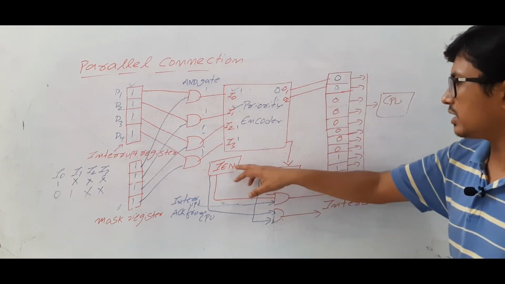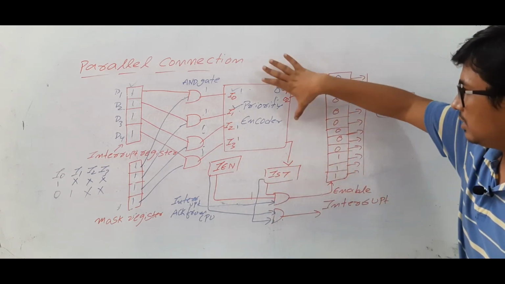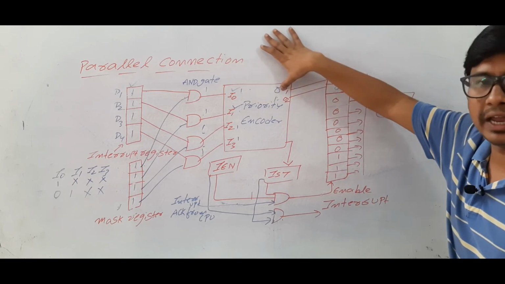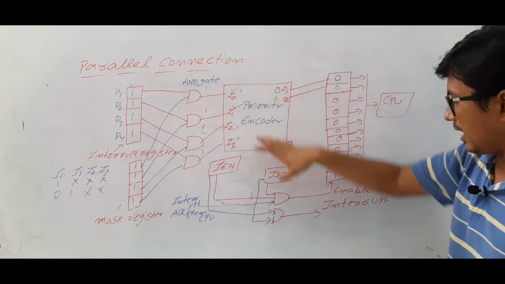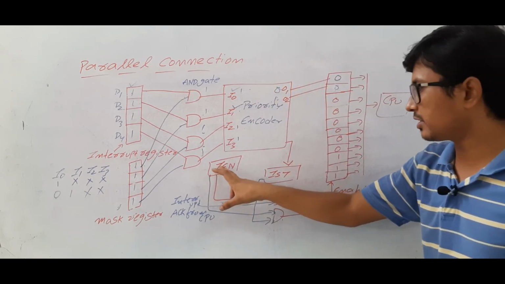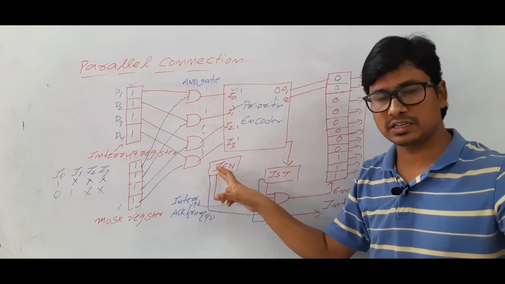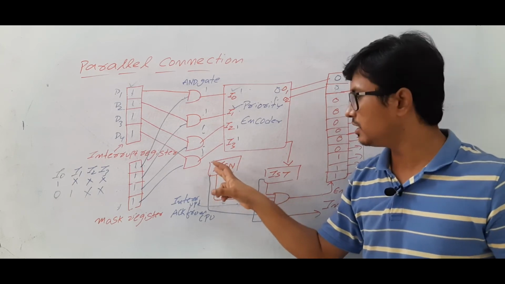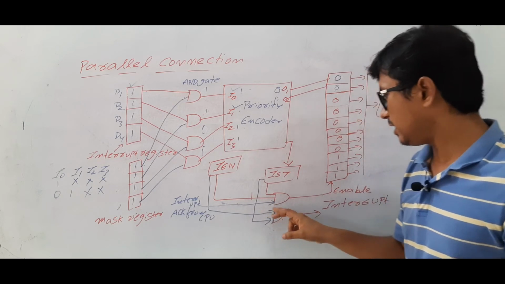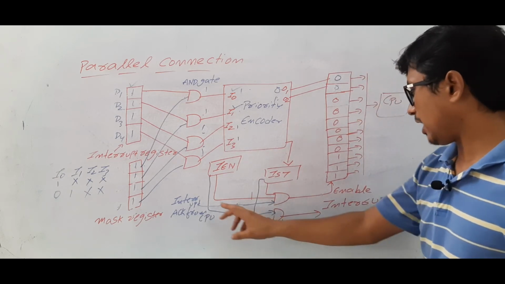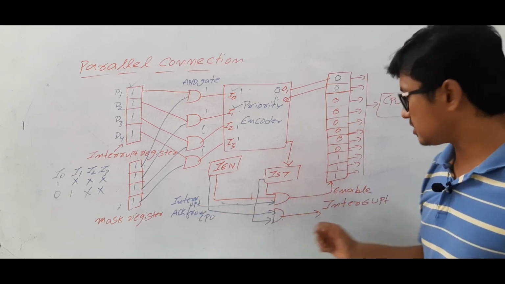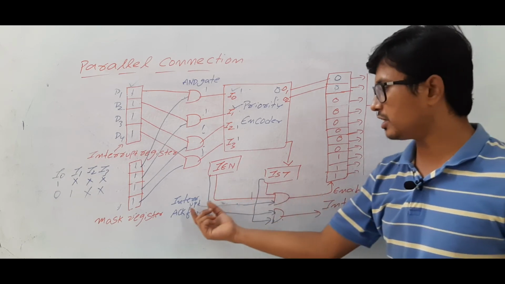Now what is this one? Once this one is enabled, the priority encoder is enabled, and then there is an interrupt, it means that the CPU is ready for executing the interrupts. If it is 1, and the interrupt acknowledgement is also 1, it means the CPU is ready for executing the interrupt.